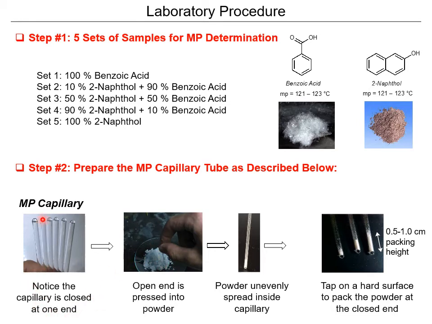So it's like a little test tube, and you fill it up with your powder right here. You can see that. Try to put it all the way down to the bottom, and you want to tap it down. So this you'll see right here, right? You don't want to add too much because then a lot of it won't melt. So this is how it's done.